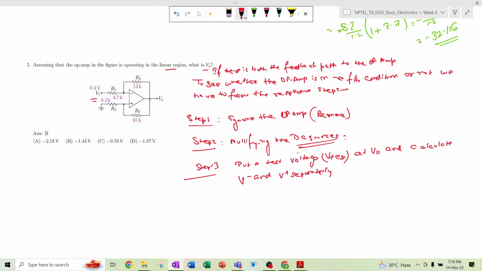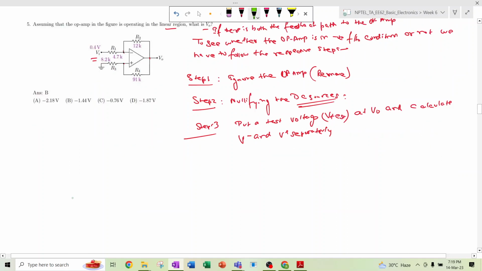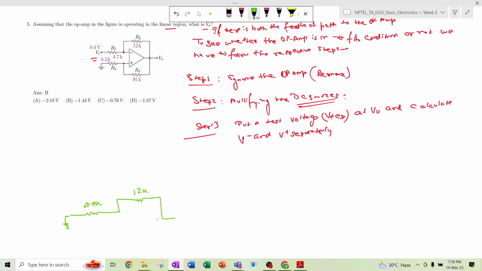Okay, so now we are just ignoring the op amp. Here we have 4.7k, and you are nullifying the input, so it is connected to ground, and then you have 12k, and then you have VO, right?